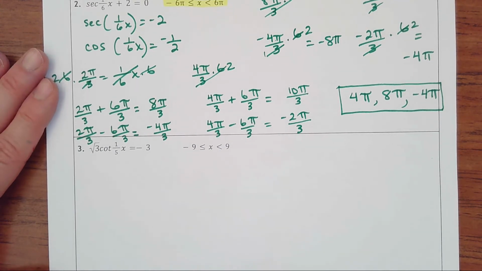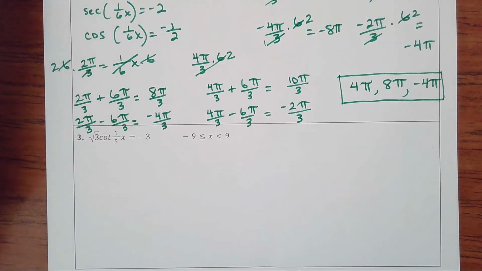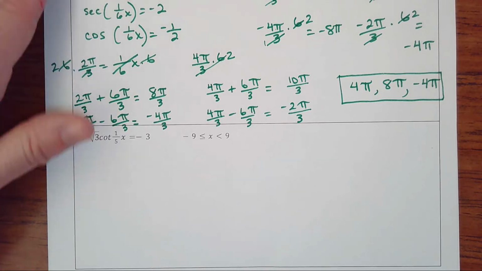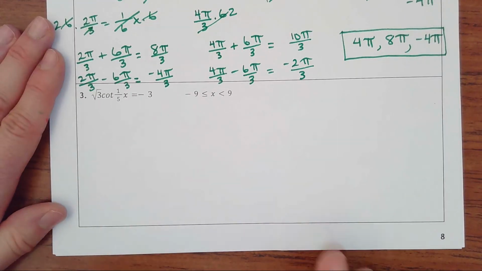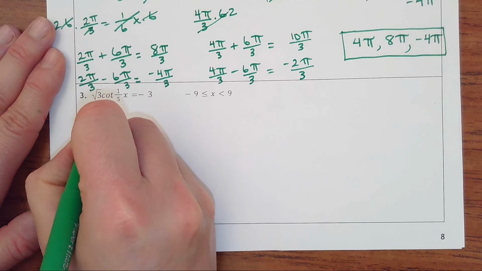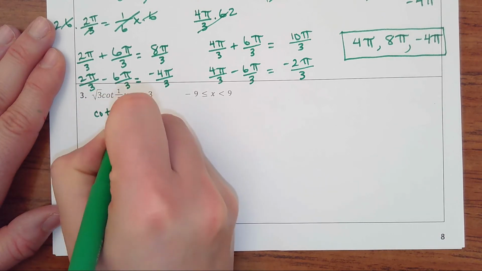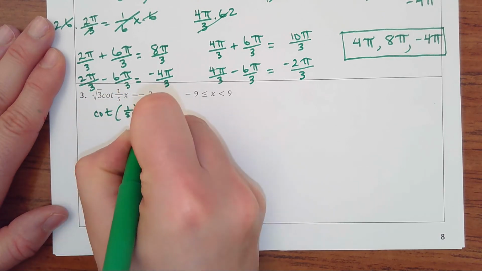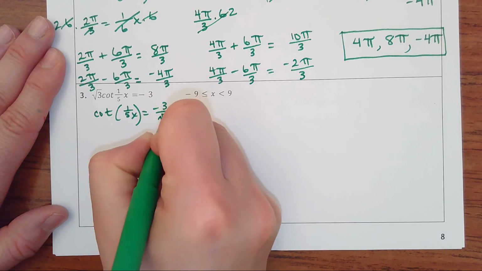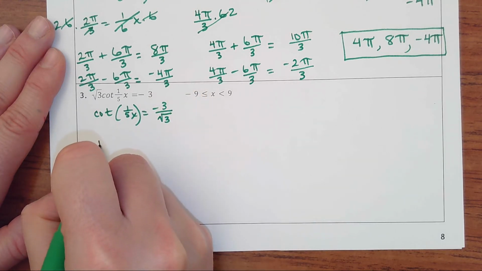Okay, number 3, cotangent function. Divide by square root of 3. Change it to tangent.